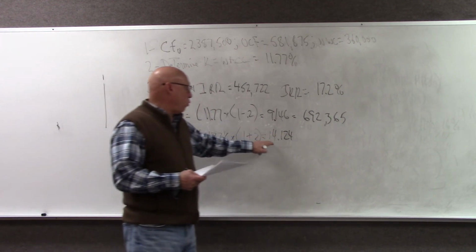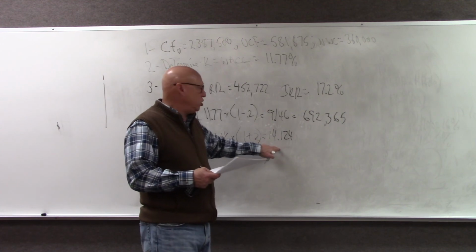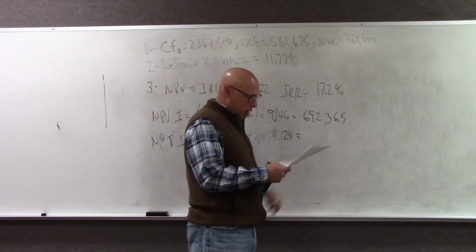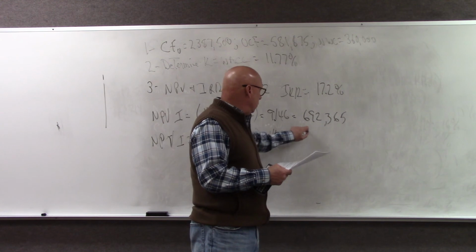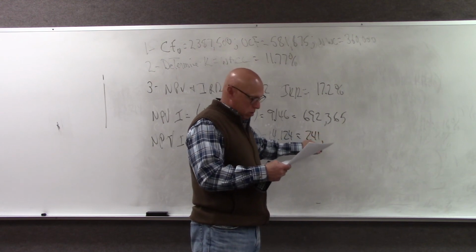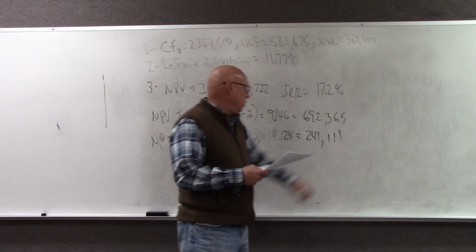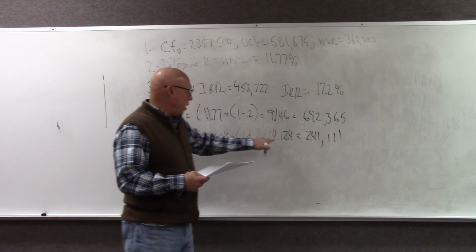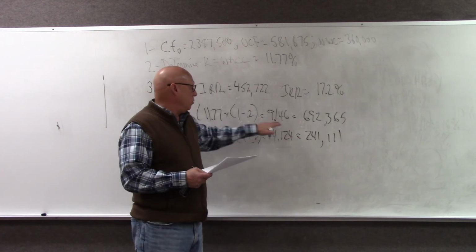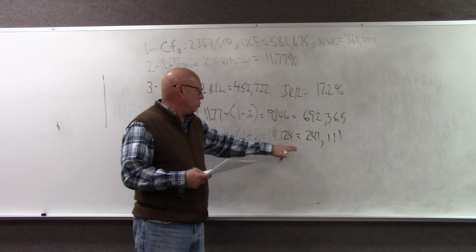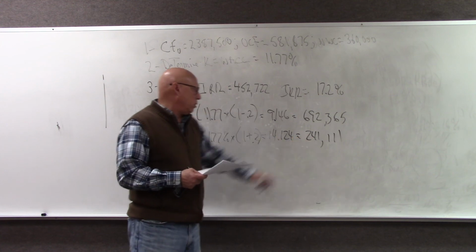NPV I equals 14.124. We don't have to change any cash flows, and we get a new net present value of 241,111. So the discount rate goes up, the net present value goes down, the discount rate goes down, the net present value goes up. We would still do the project.